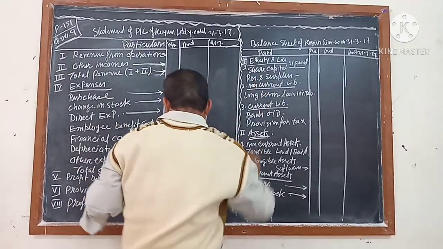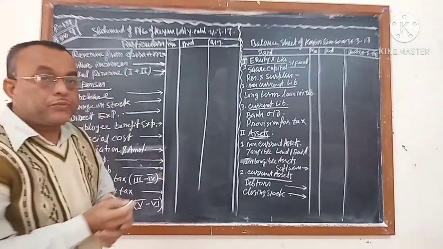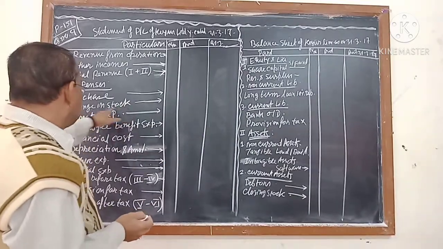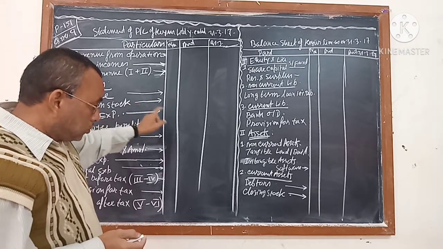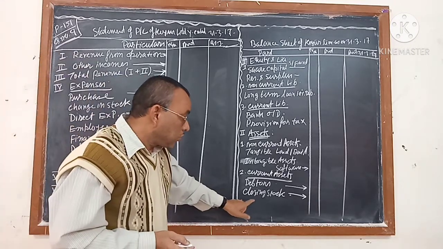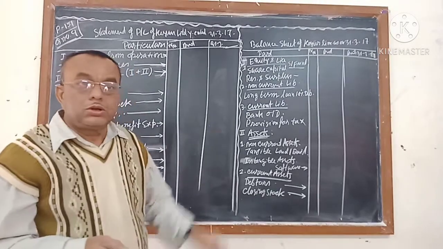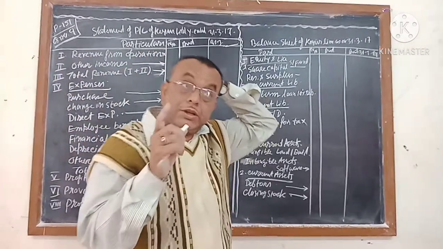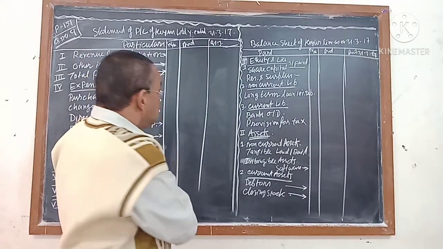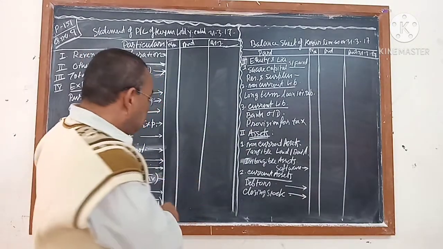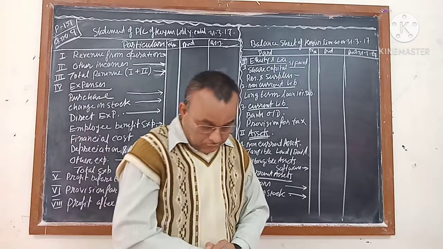A profit will be transferred from here to reserve and surplus. Closing stock, change in stock: opening minus closing will come here, and closing stock too. So these two or three items you have to keep in mind, where the result of one will go to the other, and some figures will come in both places.